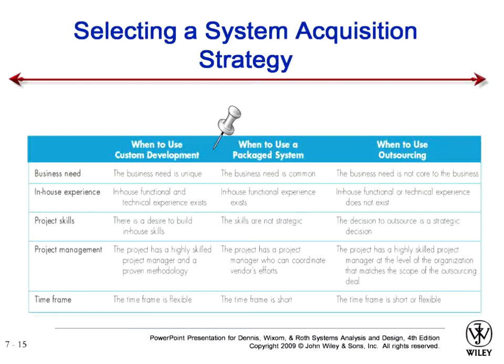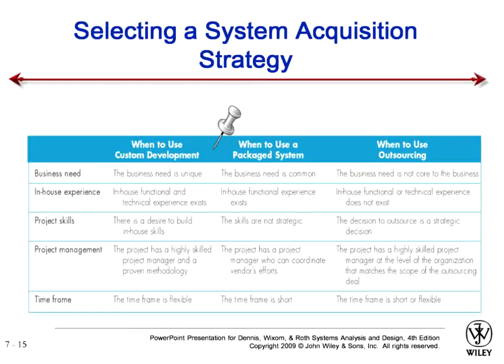Then, if you think that the business need is common, in-house functional experience exists, the skills are not strategic, the project has a project manager who can coordinate the effort, and the time frame is short, then you can go for packaged systems.